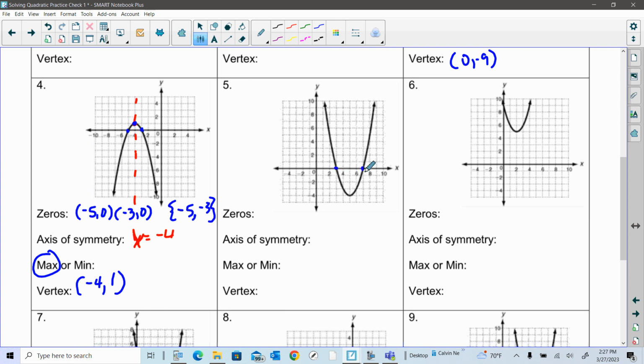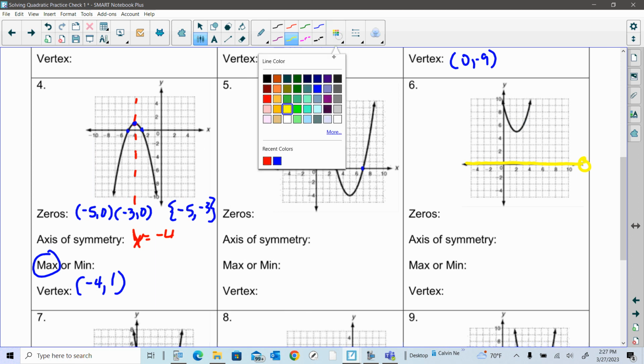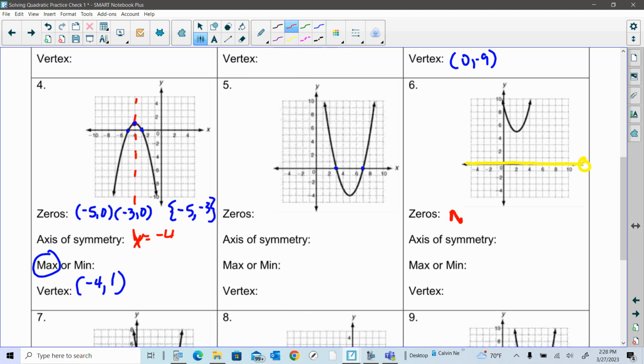But on number 6 here, this curve never touches the x-axis. It never touches this horizontal line here. So because it never touches, we have no solution or no zeros, or you can just say none. If it doesn't touch the x-axis, then we don't have roots, we don't have intercepts, and we don't have solutions.